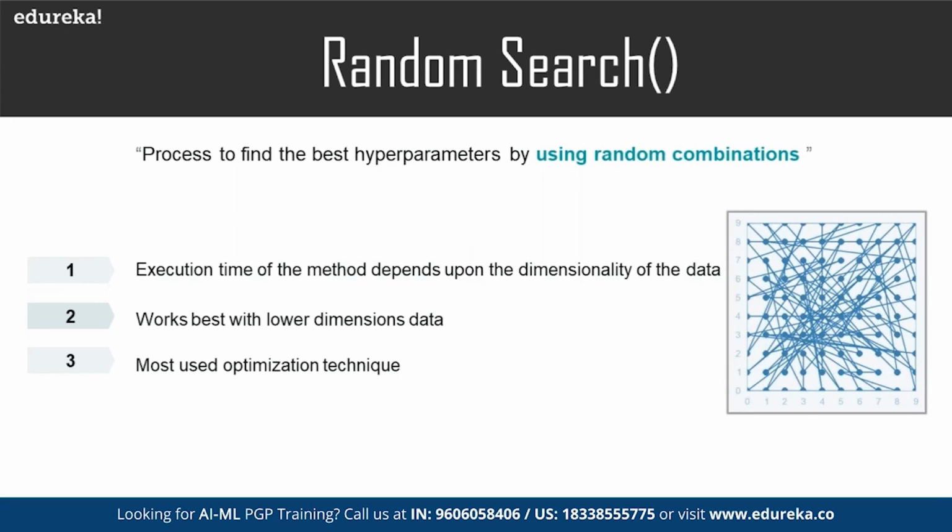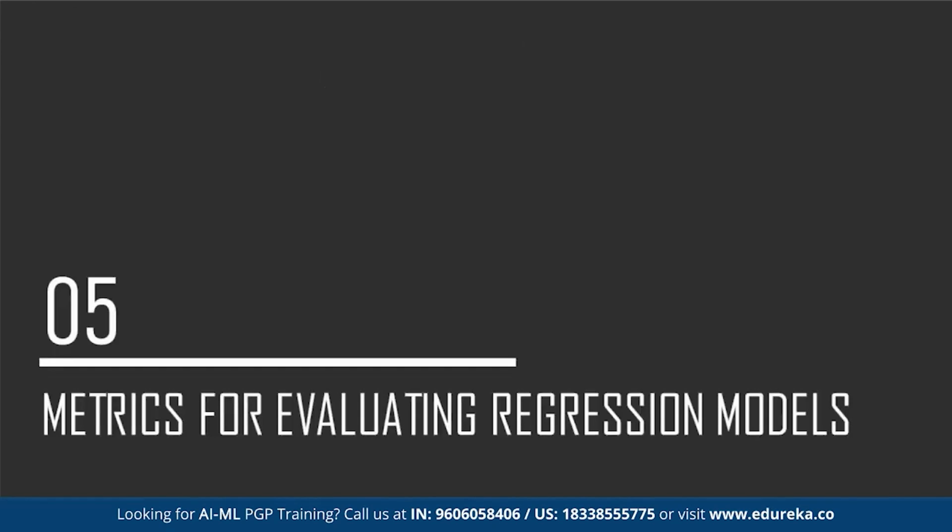We use such optimization techniques in this method of random search. Moving further, when we talk about machine learning, I'm supposed to talk about the different types: supervised learning, unsupervised learning, and finally reinforcement learning.